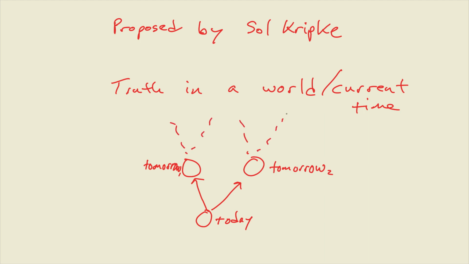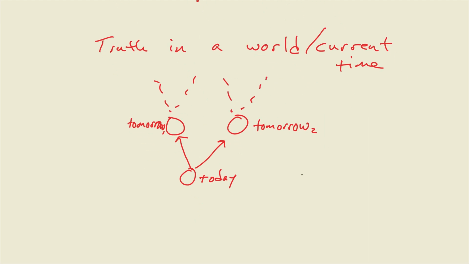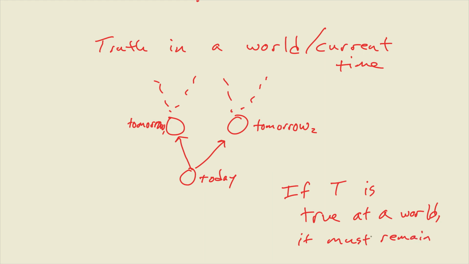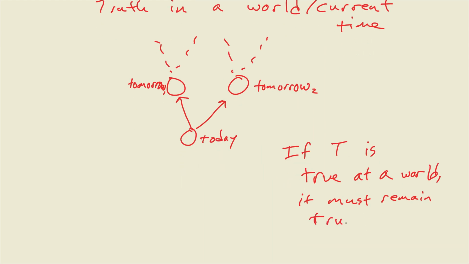And the idea with the Kripke semantics for intuitionistic logic is that if a formula T is true at a world, like say now or today, it has to remain true in the future. It can't switch to being false. Going forward in this graph of possible alternative futures, the formula has to remain true in all possible futures. So once it's true, it's got to stay true.